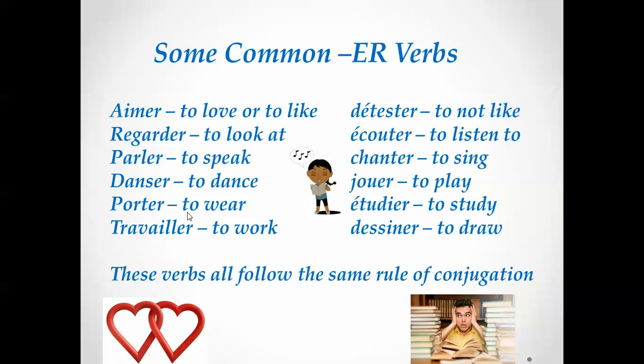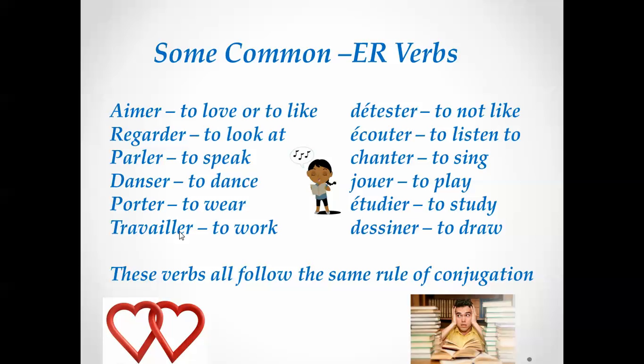Okay, here is a list of some common ER verbs, and I also have on here what they mean in English. Aimer, to like or to love. Regarder, to look at. Détester, to not like. Écouter, to listen. And when I say that a verb is a regular ER verb, all of these words, you notice, end in ER.